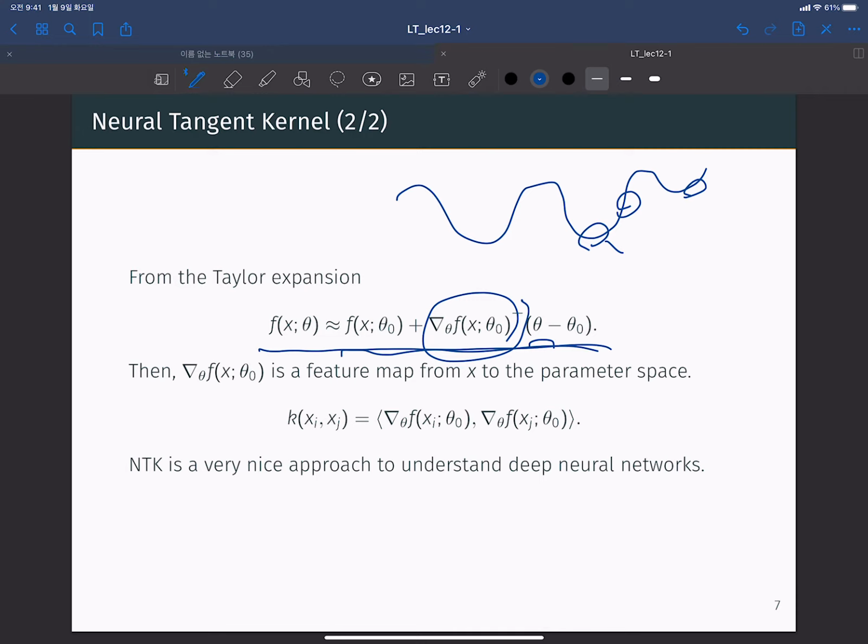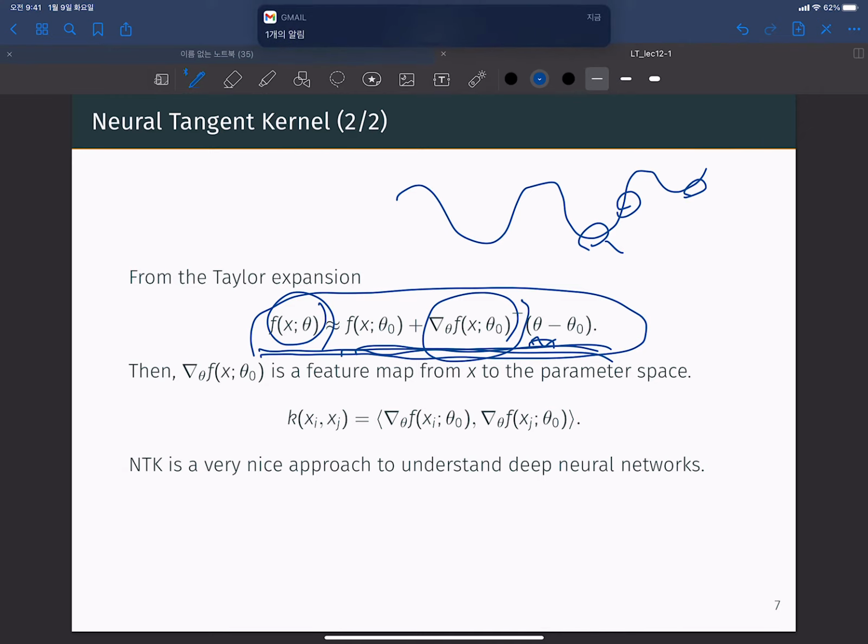So from this property, when we have very tiny update during the learning process, we can always approximate this process using this Taylor expansion. We can approximate the function using this Taylor expansion. And indeed, when we have infinitely many neurons for each layer, from experiment and from theoretically, we can show that the update is very tiny.